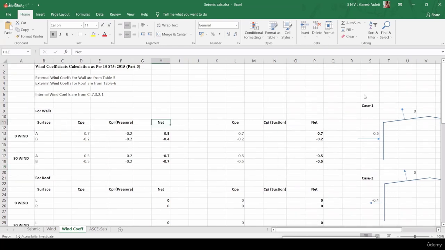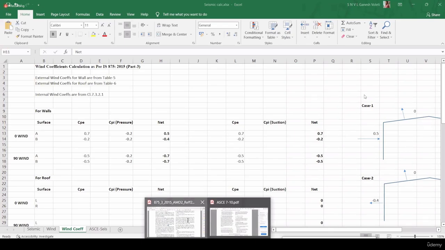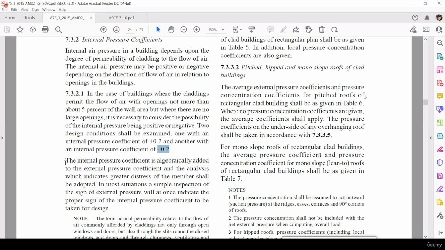So you'll get the net pressure here. The internal pressure coefficient is algebraically added to the external pressure coefficient and the analysis will be done. Algebraically means we have to sum along with the signs, whatever sign convention is mentioned in the code.